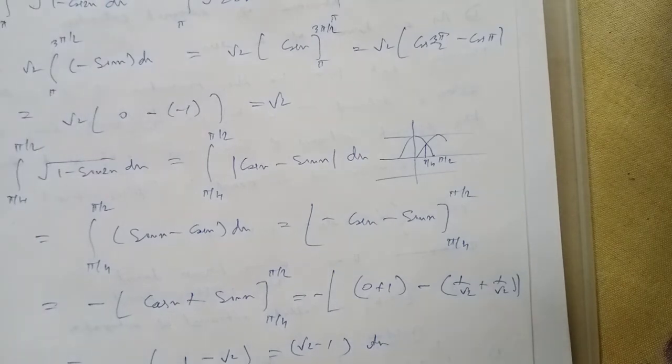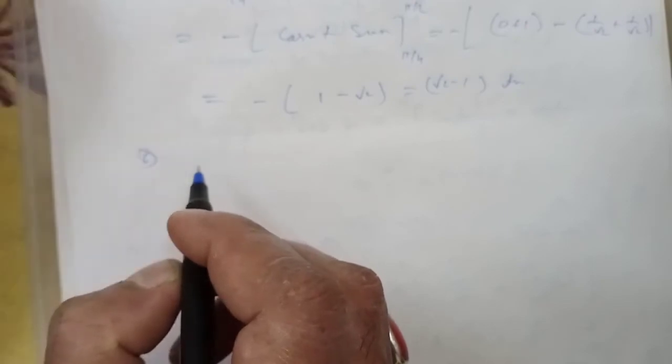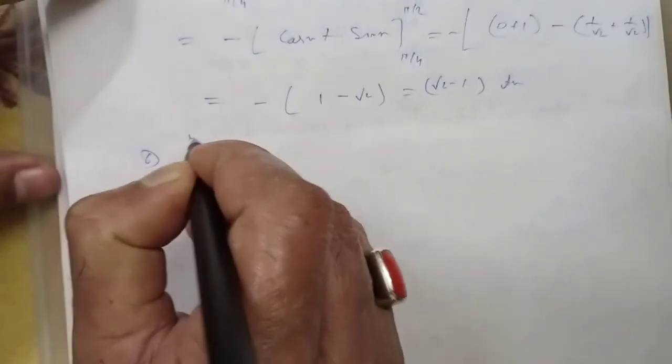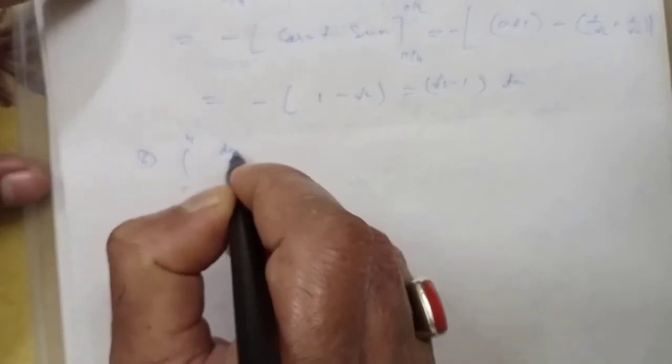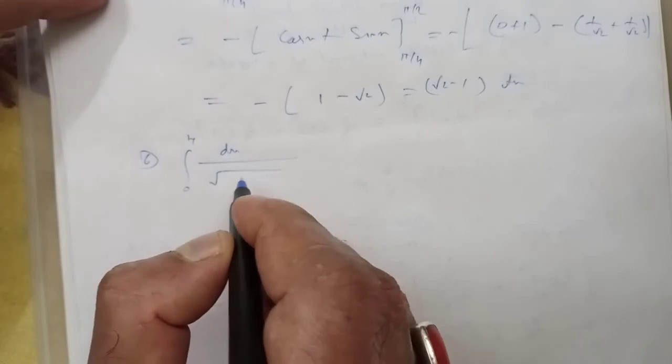Okay. Next, problem 6. This is integration from 0 to 4 of dx by under root x square plus 2x plus 3.